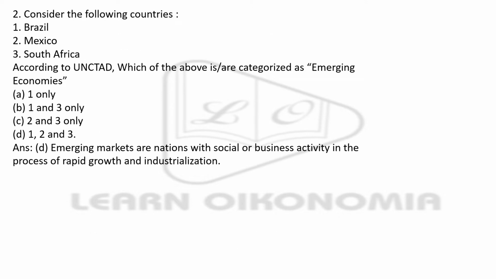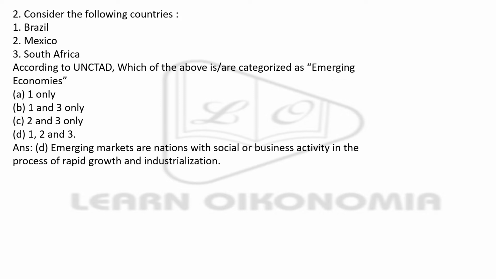So with that, we move on to the second question. You are given three different countries: Brazil, Mexico, and South Africa. And according to UNCTAD, which of the above is or are categorized as emerging economies? Before that, you have to understand what emerging economies are. Emerging economies are actually emerging markets.